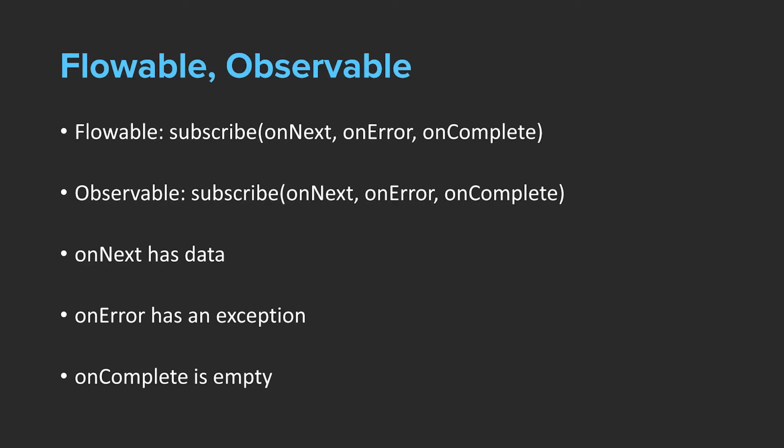Flowables and observables are similar in the fact that they can actually give you multiple pieces of data over time. That's why it's important to have an onNext function. For both of these types, onNext is going to include a piece of information that you need. OnSuccess is going to be fired whenever everything is completed, and onError obviously happens whenever there's an error. And this will also include an exception, just like all the other ones.